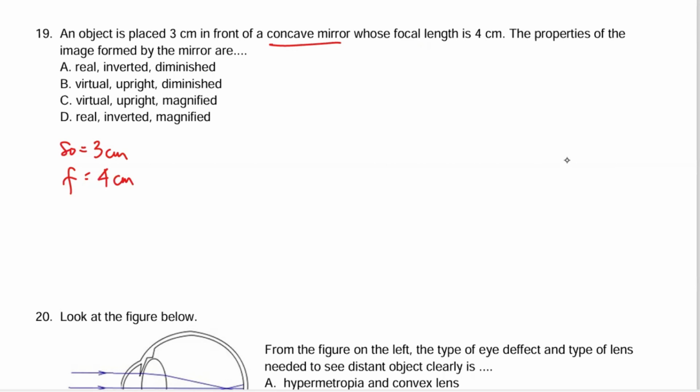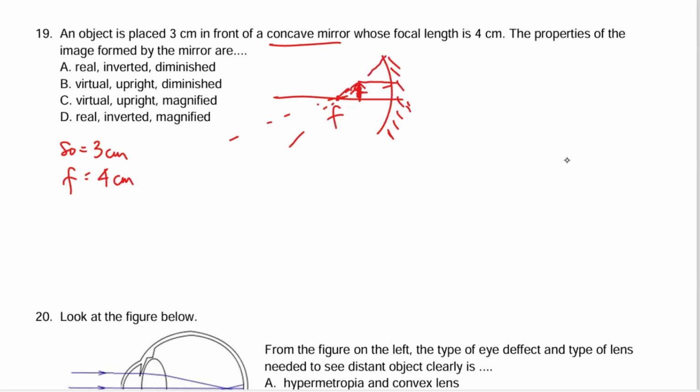But if you forgot, you can just sketch the possible image. Let's say this is the F, 4 cm, and the object is somewhere here, 3 cm. Then we draw the rays from here to here, and then from here to F.